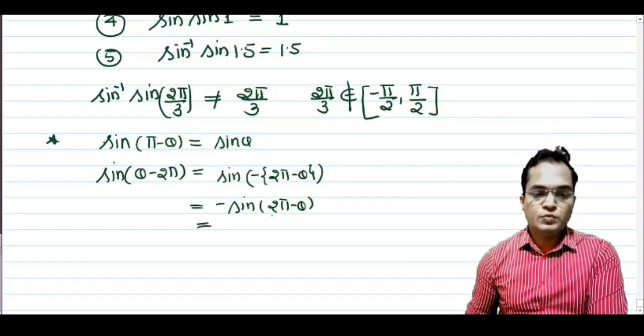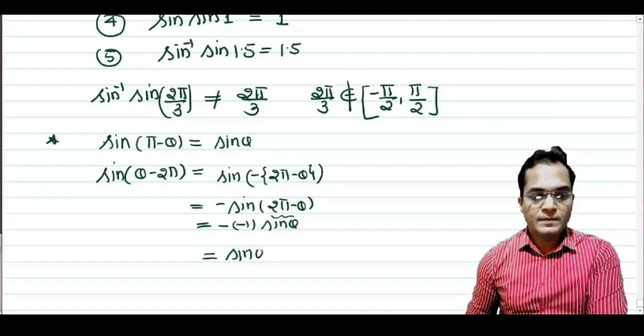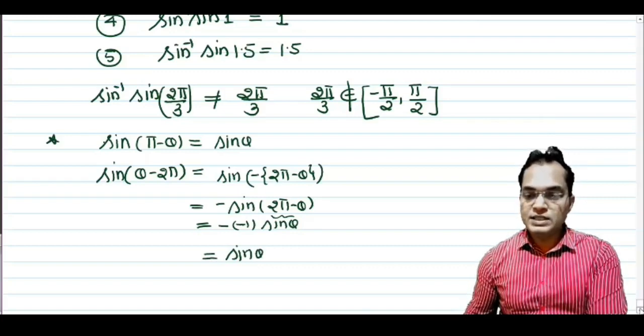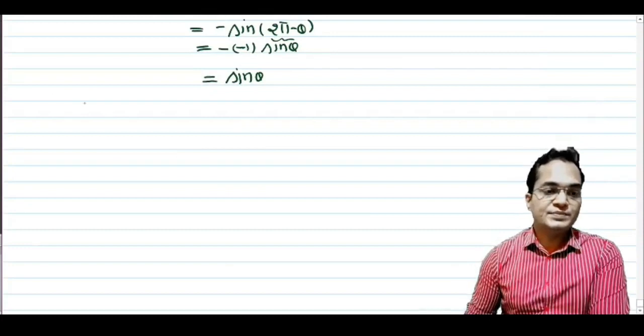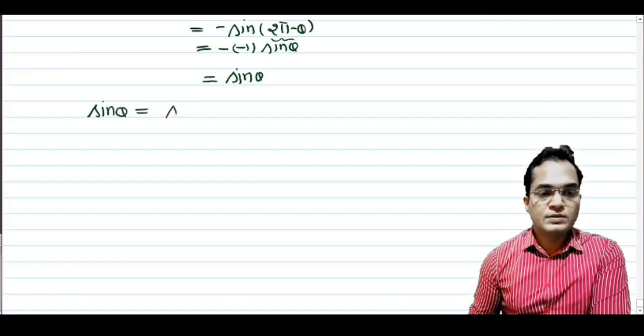Now, as we know, 2 pi minus theta lies in the fourth quadrant, meaning less than 360. In the fourth quadrant, sine is negative, so this minus and the other minus become plus, meaning it becomes sine theta. That's why you can understand that sine theta can be written as sine of pi minus theta, or sine of theta minus 2 pi.